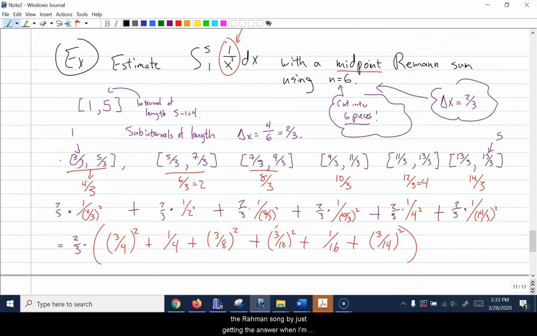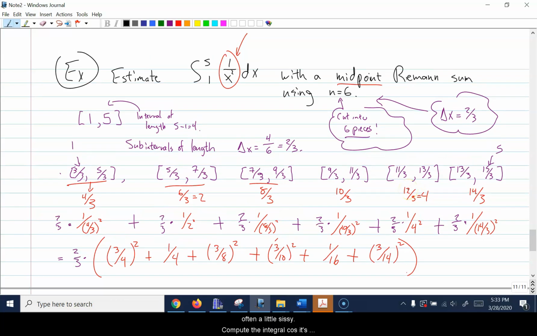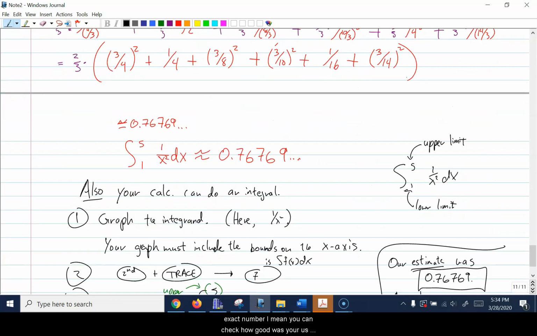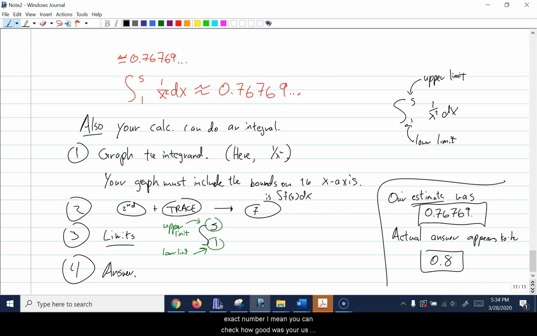When I'm giving you these problems, I'm often going to tell you that you must compute the Riemann sum. Often I'll also say to compute the integral, because it's pretty easy to get your calculator to give you the exact number, and then you can check how good your estimate was. Here, this estimate was pretty good. Midpoint estimates are usually much, much better than upper and lower estimates, or left endpoint or right endpoint estimates. We haven't talked about upper and lower enough. Let's do that as our next example.